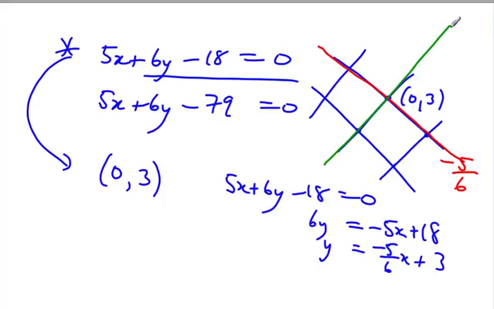So if the gradient of this is 6 over 5, and the point is 0, 3, we know that the point 0, 3 is on the line, then we can create the equation.